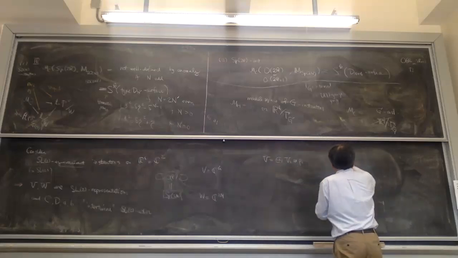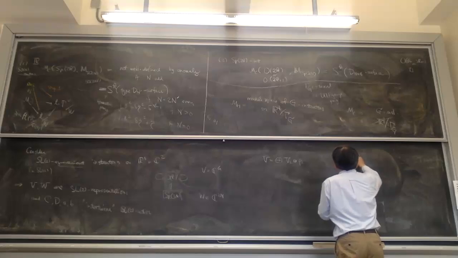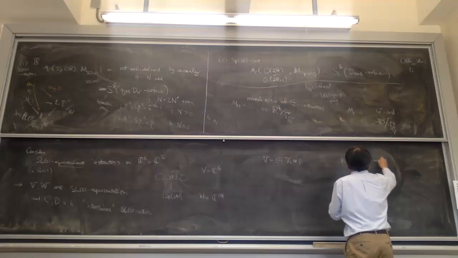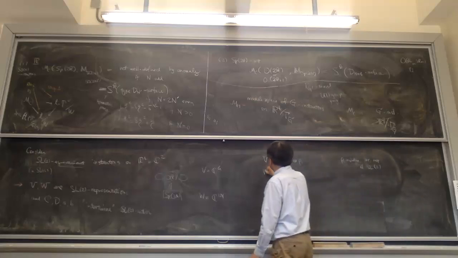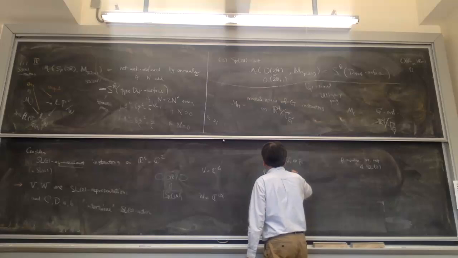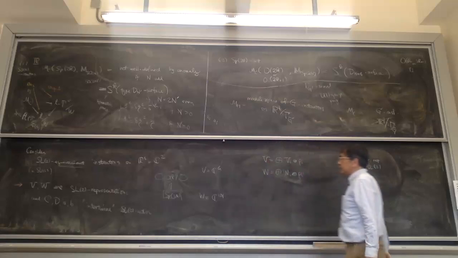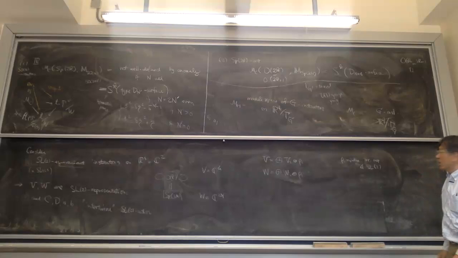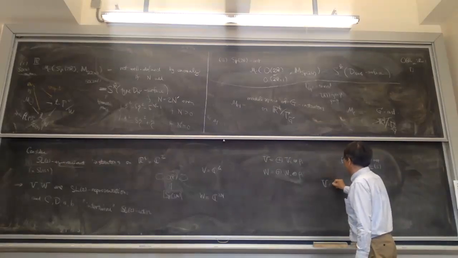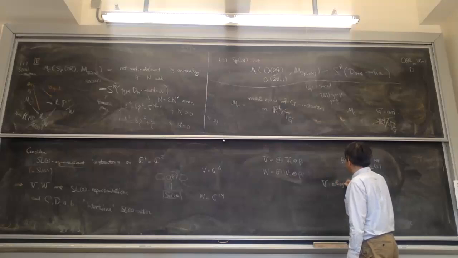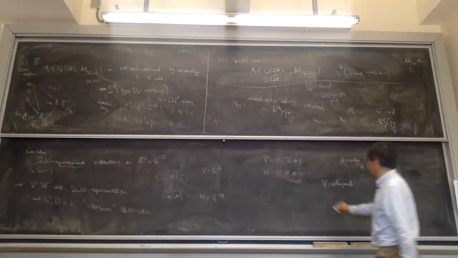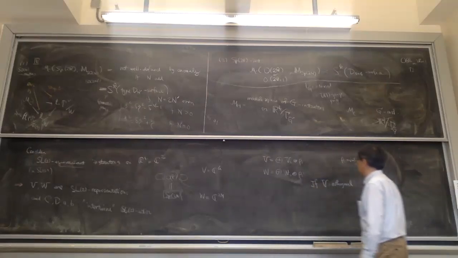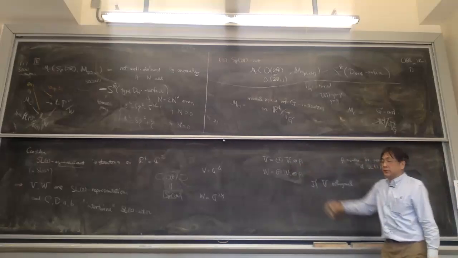Rho I is the I-dimensional irreducible representation of SL2, and similarly for W. And if V is orthogonal, then each summand must be orthogonal.